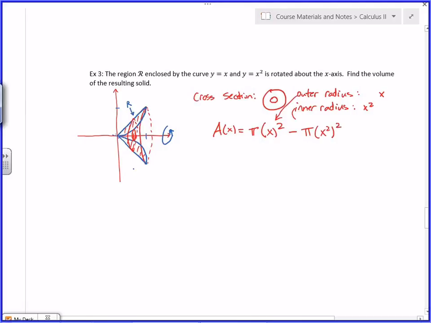Outer radius, inner radius. Or pi x squared minus pi x to the fourth. So your integral for the volume is going to be the integral of pi x squared minus pi x to the fourth dx over what range? 0 to 1.